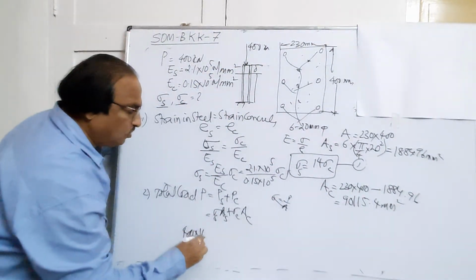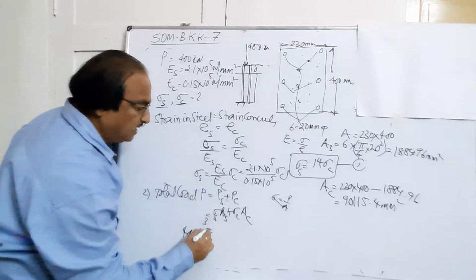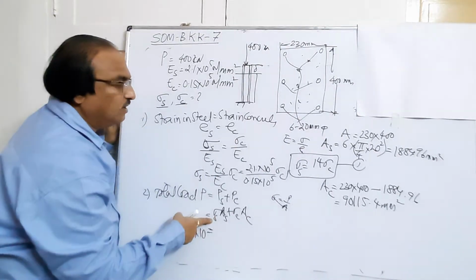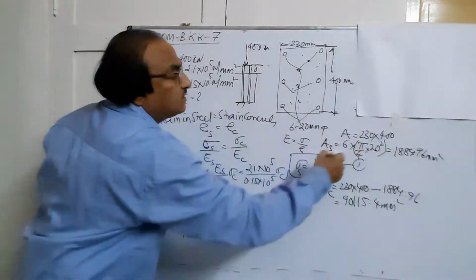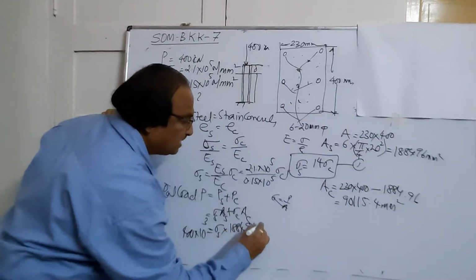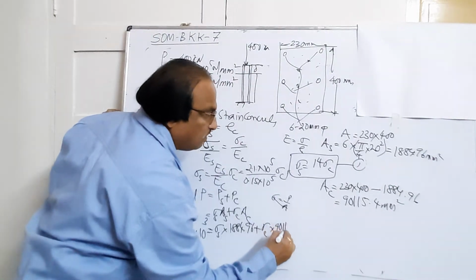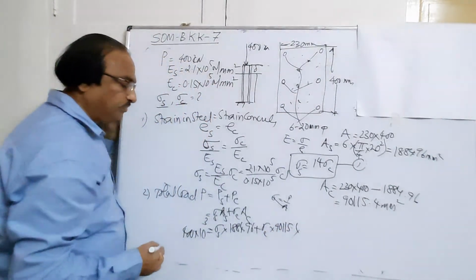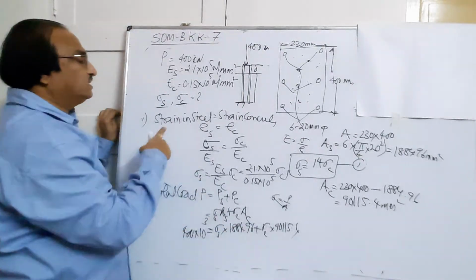You convert it into Newton, 400 into 10 to the power 3, is equal to sigma S into AS, area of steel 1884.96, plus sigma C into area of concrete, 90115.4 mm square.